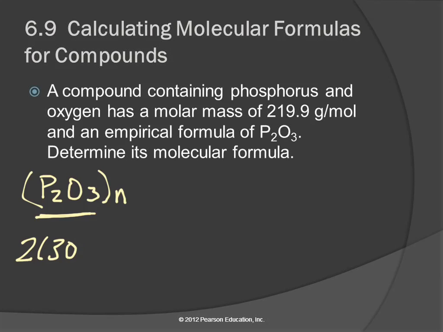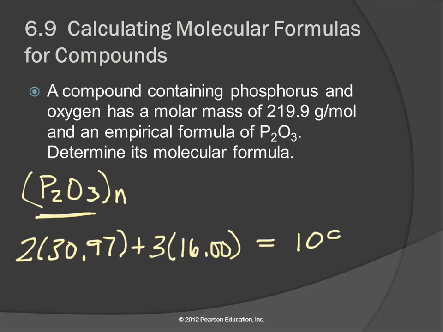No, the molar mass of the molecular formula is what we don't know. P2O3 would be 2 times the mass of phosphorus plus 3 times the mass of oxygen. And if I remember correctly, that's 109 point something.